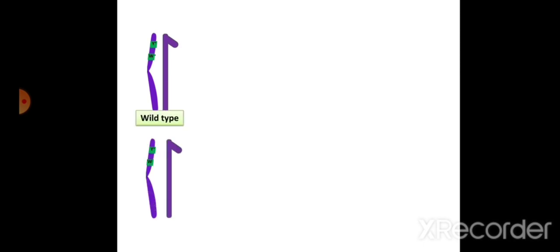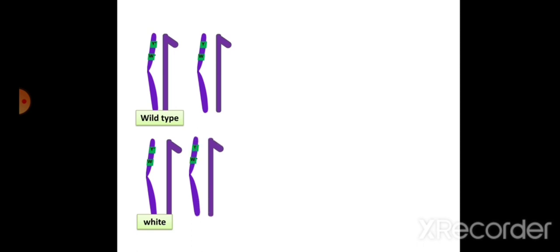So we are going to get a wild type male, then a white male, then a yellow white male, and then a yellow male.